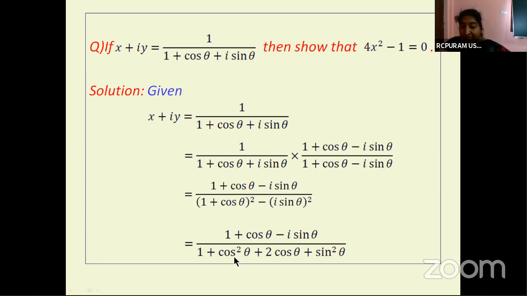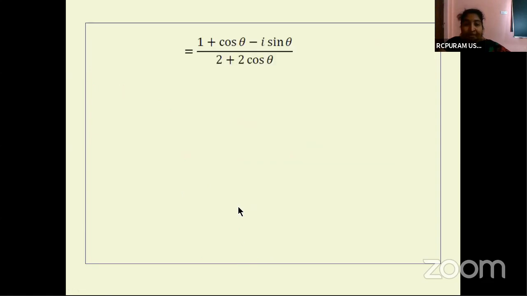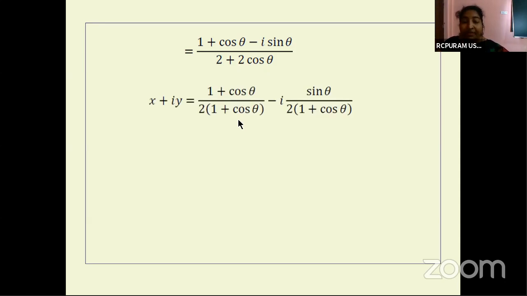So 1 plus 1 is 2 plus 2 cos theta will be in the denominator. So we have (1 plus cos theta minus i sin theta) by (2 plus 2 cos theta). We'll take 2 common in the denominator. Then you'll have 2 into (1 plus cos theta), children.